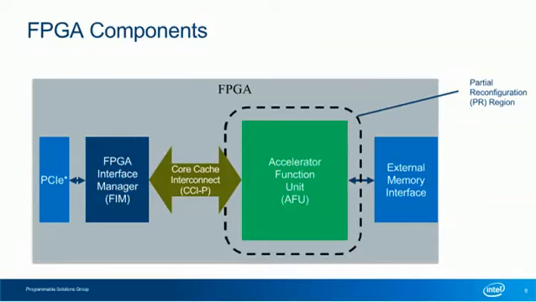Included in the FIM are protocol control, caches, address translation, and other logic to make this connection possible. The FIM is connected to the user-created Accelerator Function Unit via the Core Cache Interconnect Programmable, or CCIP interface, which defines the accelerator side of the interface.